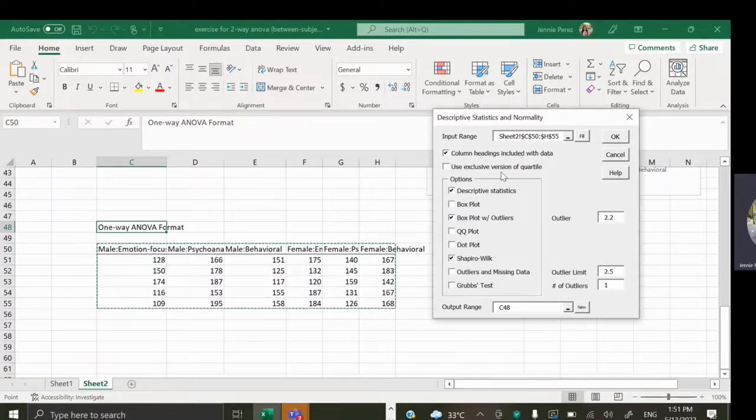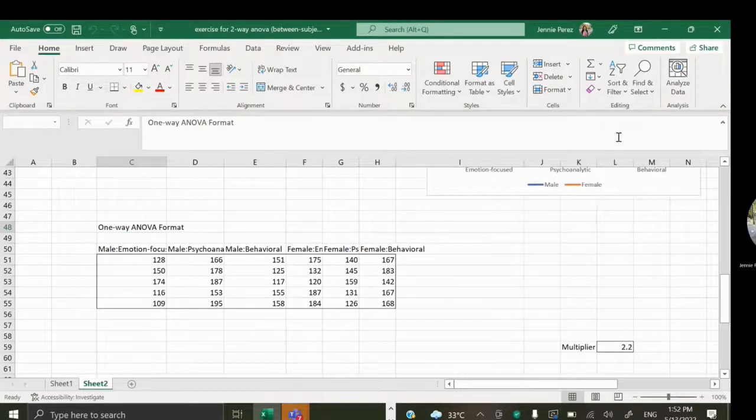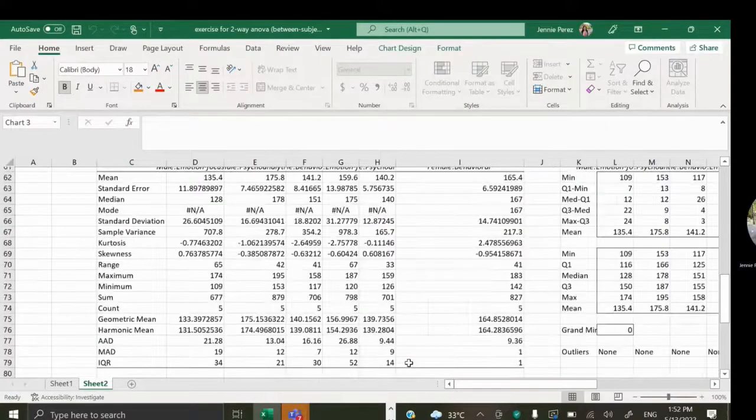So we check descriptive statistics, box plot with outliers. We check for testing of normality, Shapiro-Wilk, and we check for outliers and missing data. Have here output range.